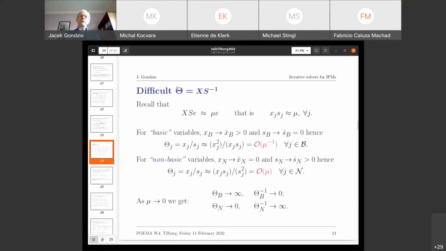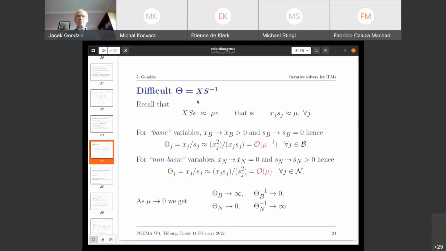The difficulty originates from this matrix Theta, which is equal to x divided by s. Now, recall that the products x_j s_j, for all components j, should be approximately equal to the barrier parameter mu. So if we consider so-called basic variables, basic not in the sense of the simplex method, but those variables which converge to a strictly positive solution, then necessarily the corresponding Lagrange multiplier will have to go to 0.